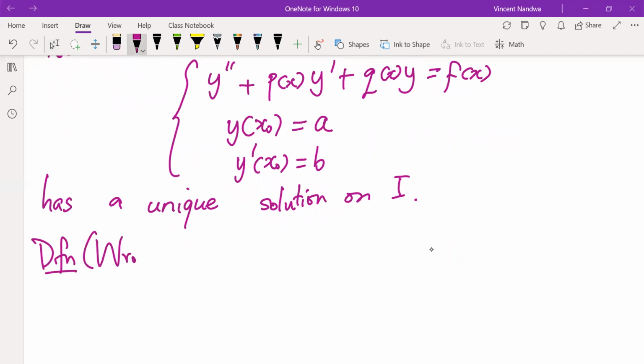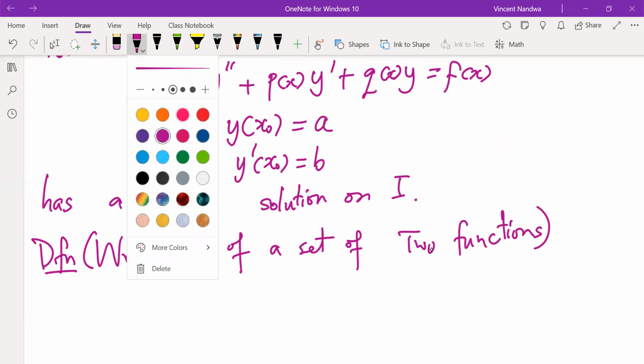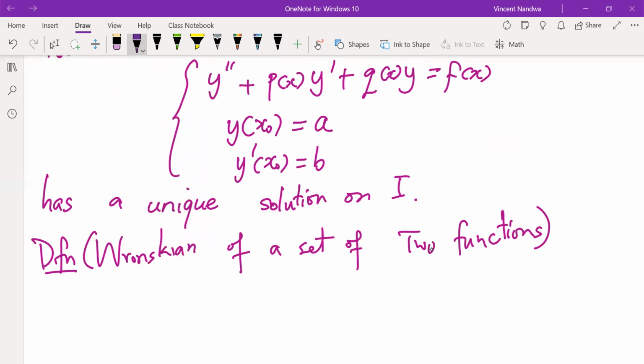So let a set S have two differentiable functions, f1 of x and f2 of x.